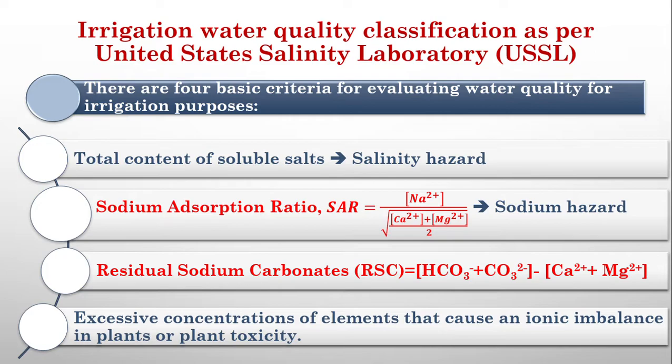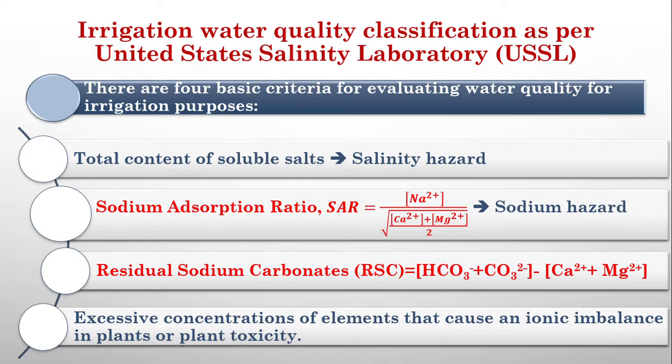The third one is residual sodium carbonate, which represents the content of bicarbonates and carbonates in water. And another parameter is the excessive concentrations of elements which can cause toxicity. Based on these four parameters, they have classified the irrigation water.